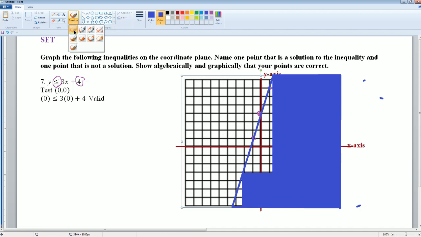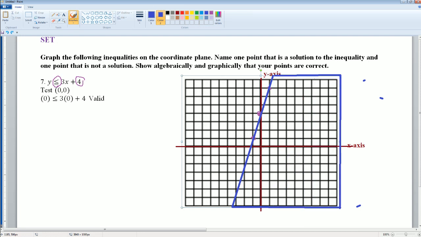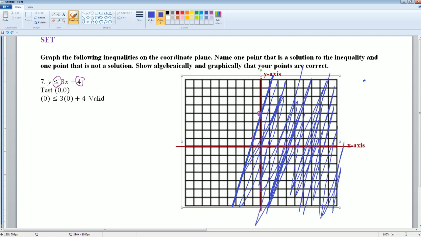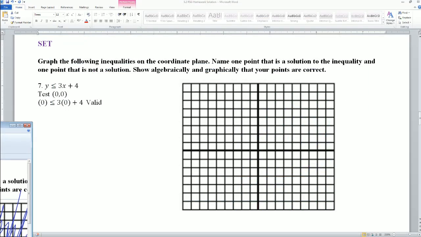Let's see if I can just shade it like this, if this makes more sense to you. So all this here would be a solution.